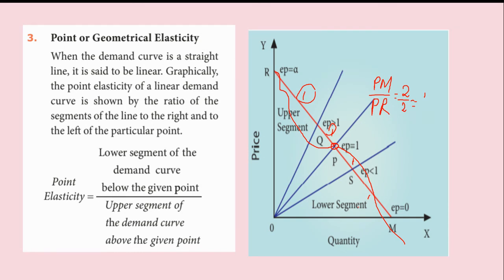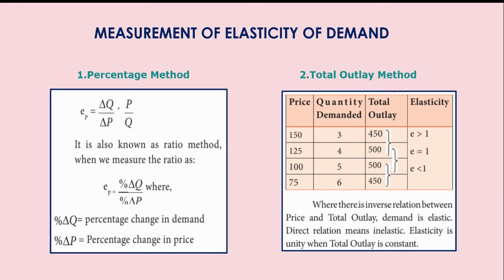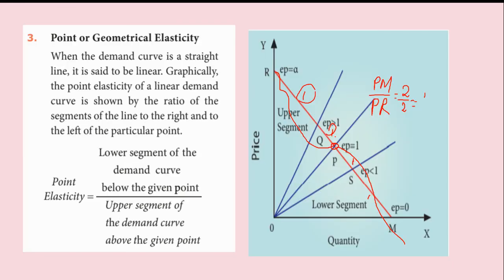You have to give the heading, measurement of elasticity of demand, and the methods can be given in 3 ways. First, the percentage method. Then the total outlay method. Then lastly, the point or geometrical elasticity method.